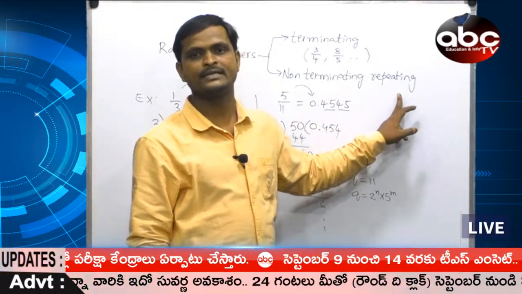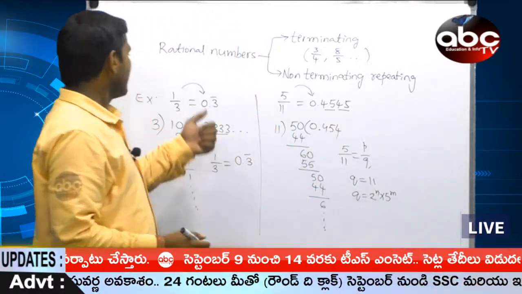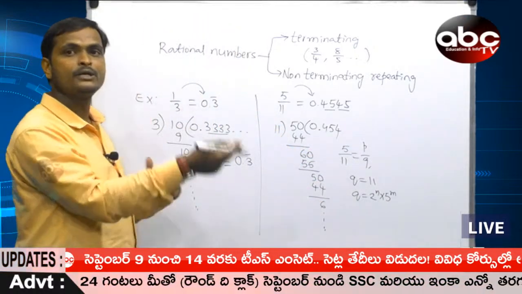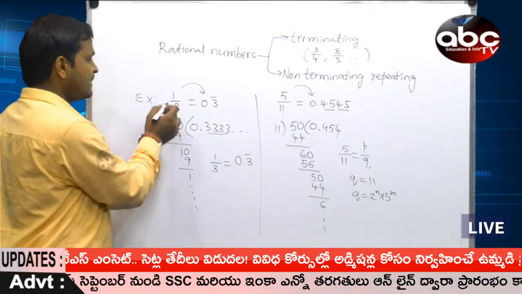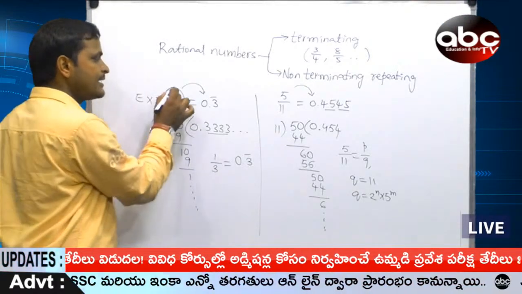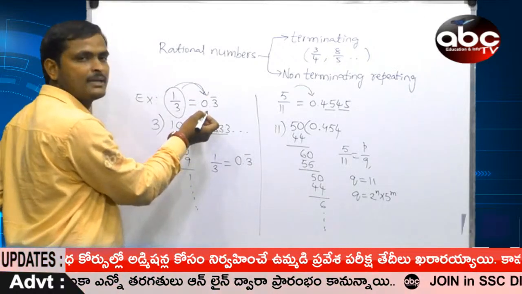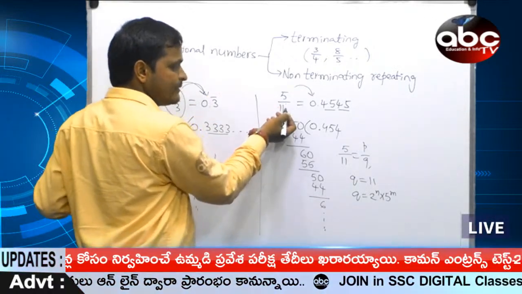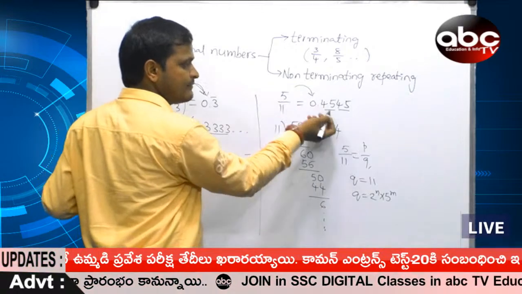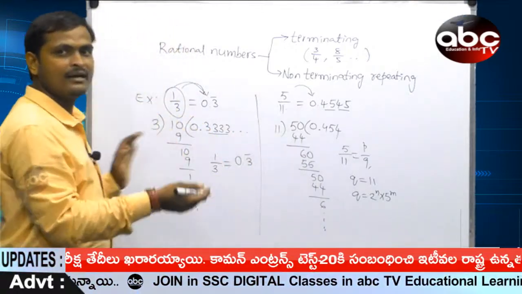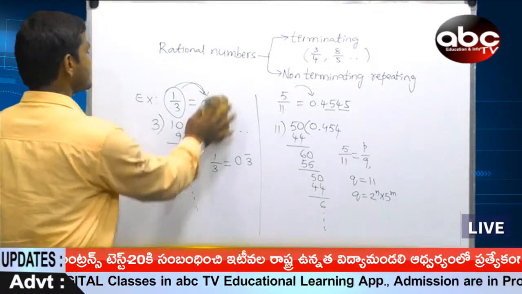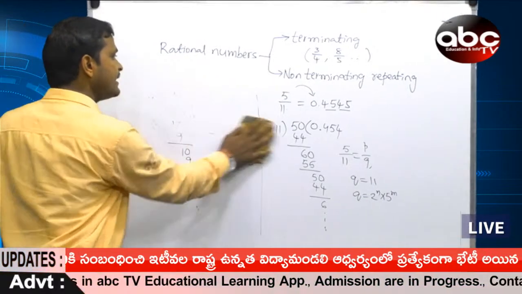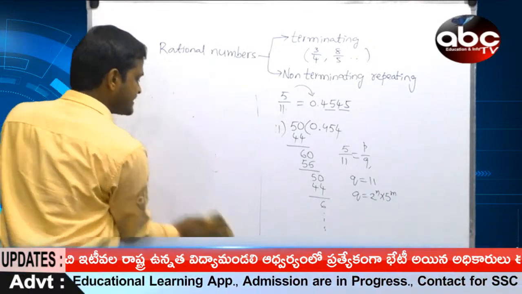Is it clear, students? Now we see how to convert decimal to p by q, rational. Here we took a rational number and converted it into decimal. Now, how to convert decimal to rational for non-terminating repeating decimals?